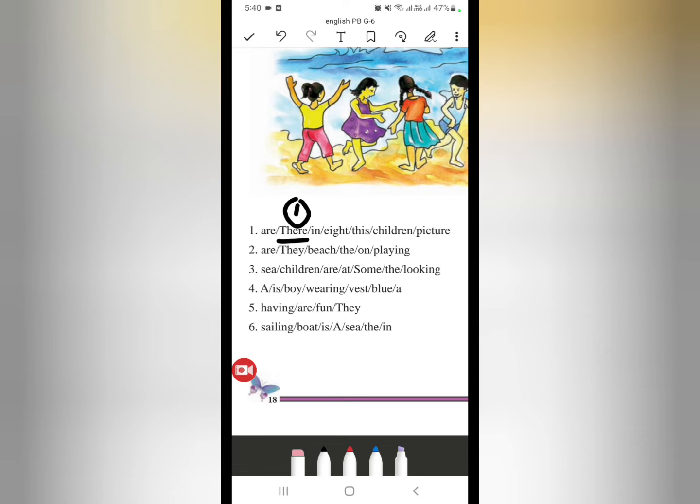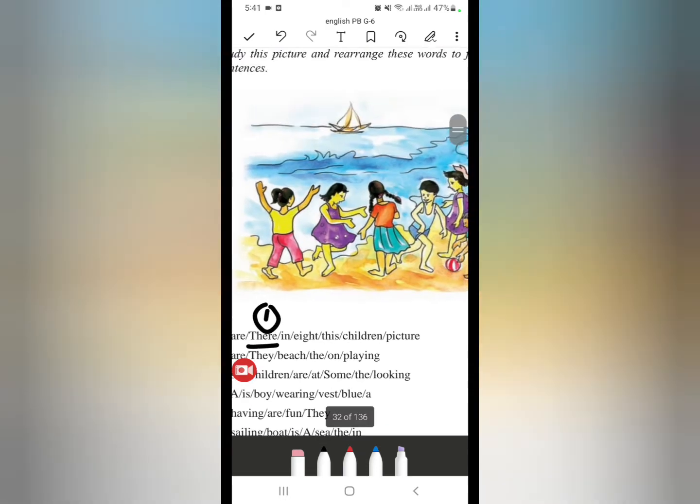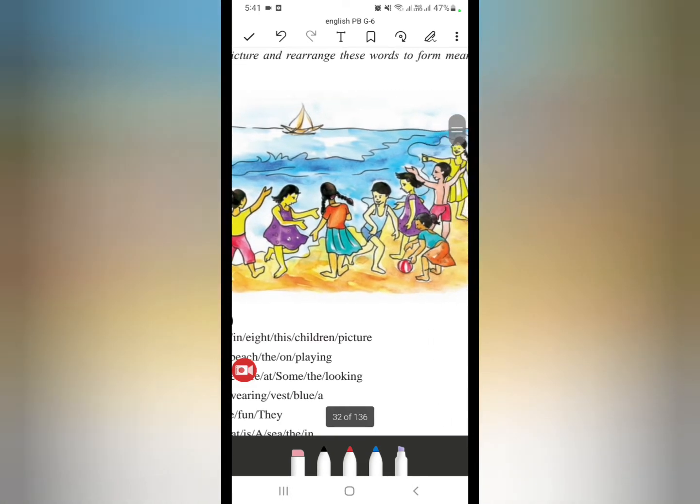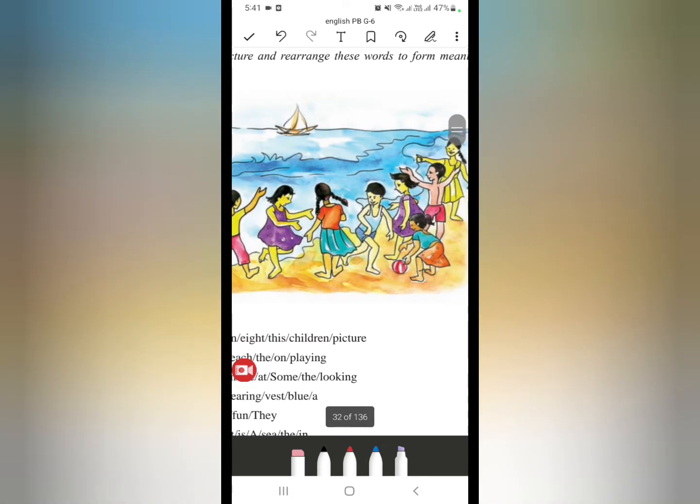Now there are 8 children in this picture. I said, if you want to describe this picture, first of all you will write there are 8 children in the picture. Then you will describe what they are doing, what they are wearing, how they are playing, and whether there is a boat or a sea.